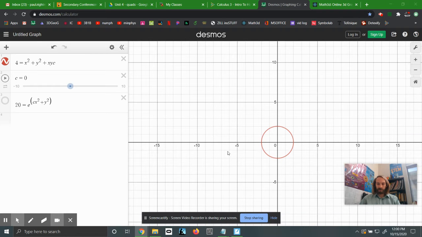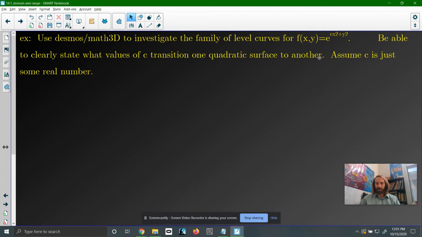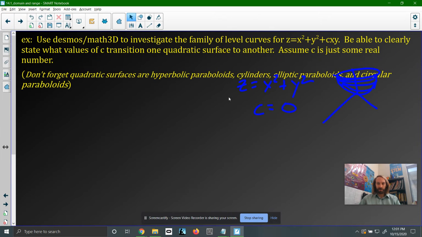Hey everybody, this is just a quick video to show you there were these two slides, this one and this one in the last video, that I wanted to show you how we could use Desmos or Math3D to get an idea of what something might look like.